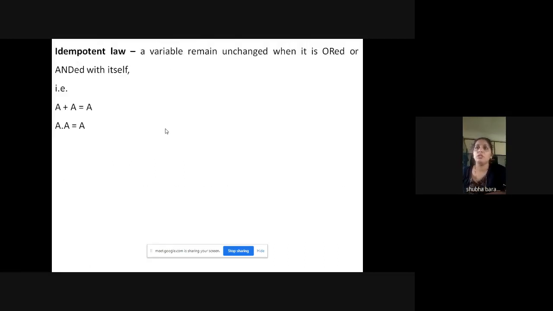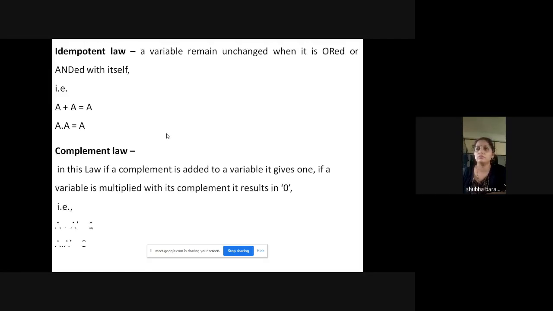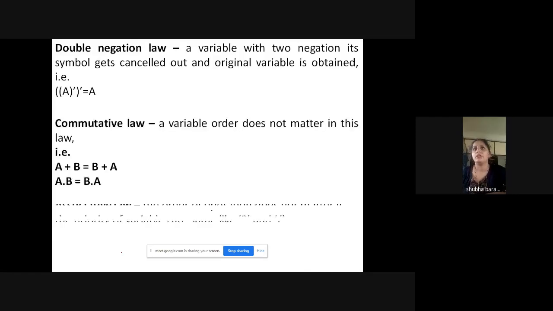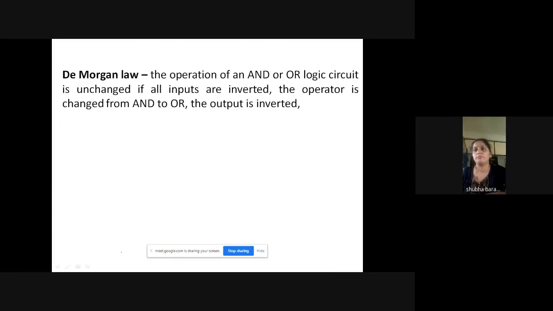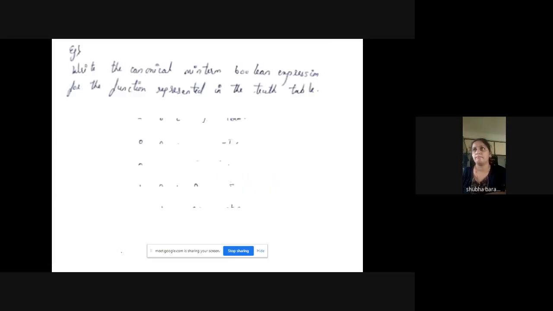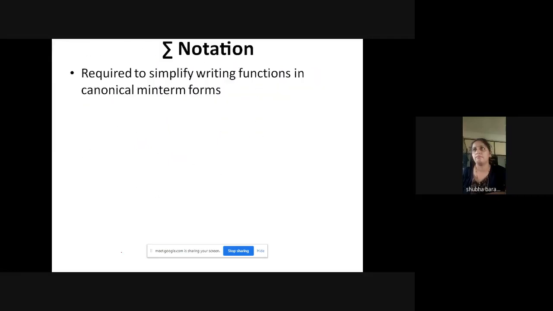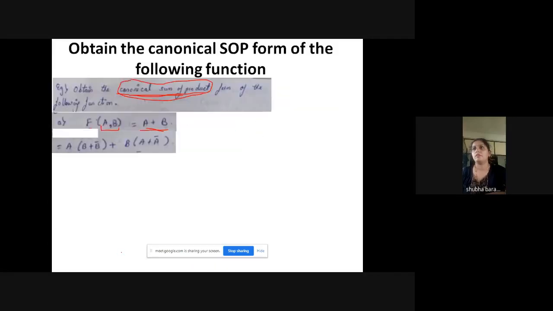We'll take help of some of the properties. For example, now I'll use this property where a plus a bar equals 1.